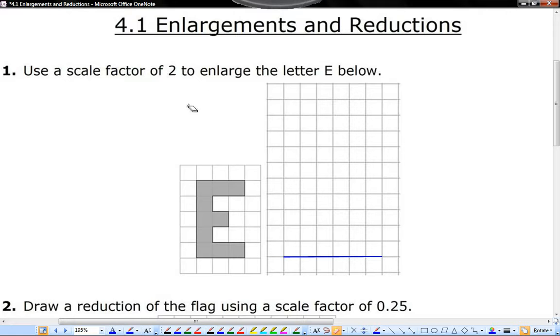And what I'm going to do next is take each other dimension and just double it and make sure that I've got this to the right size. So you can see that the height here is 1 unit, which means that I need to go up 2 units here. And next, I need to go in this way to the left 2 units. So double that, it's going to be 4.